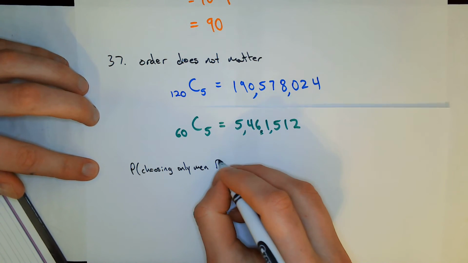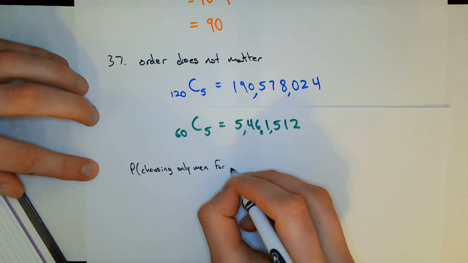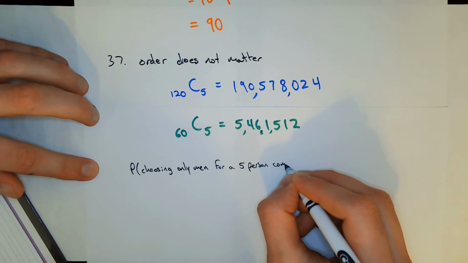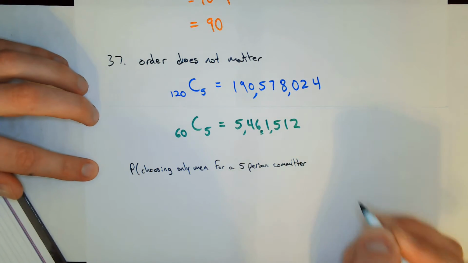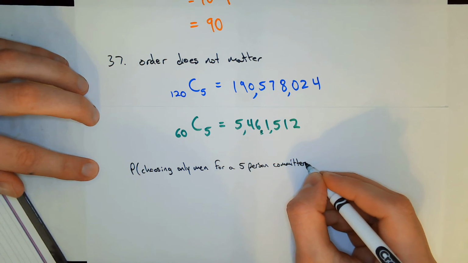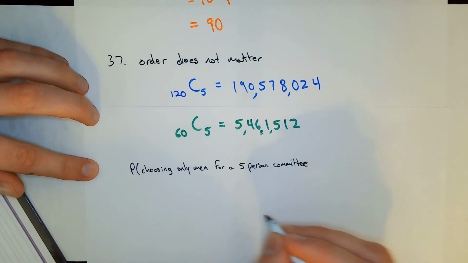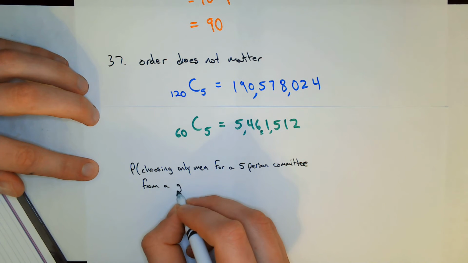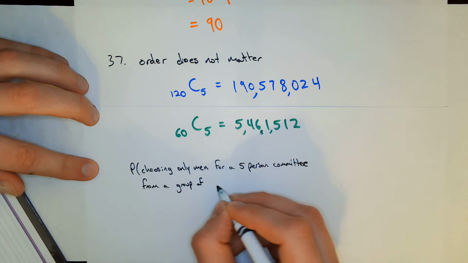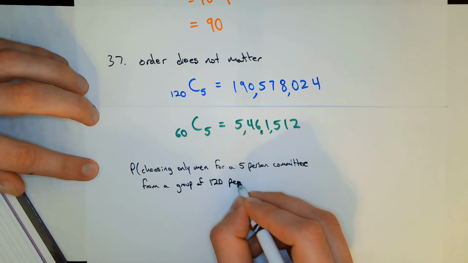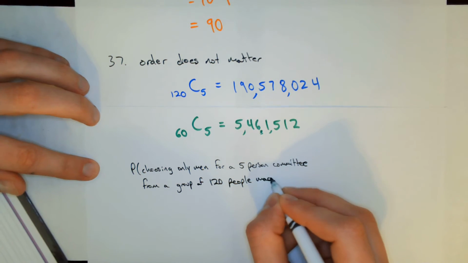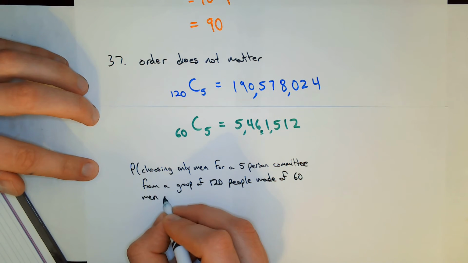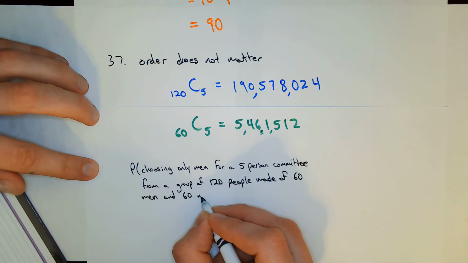Choosing only men for a 5-person committee from a group of 120 people made of 60 men and 60 women. That's quite an event.